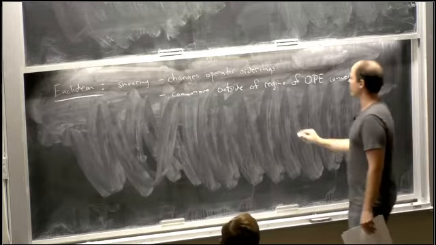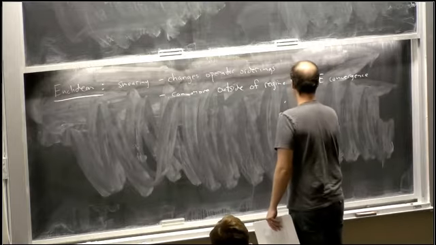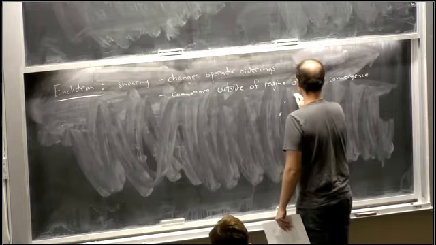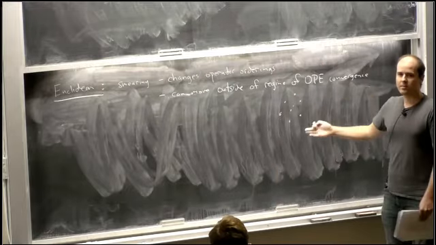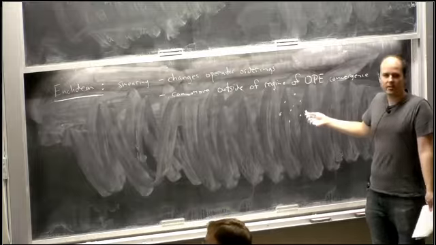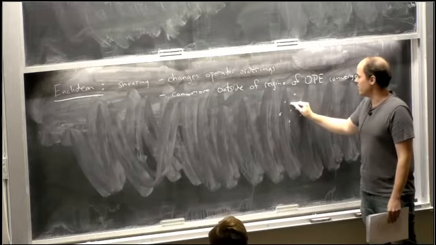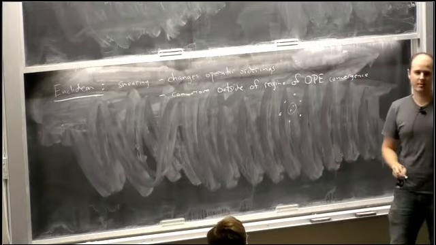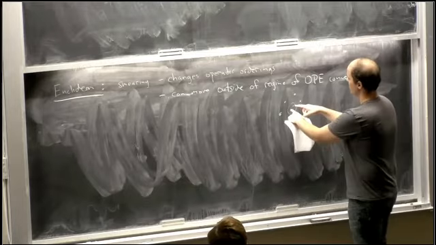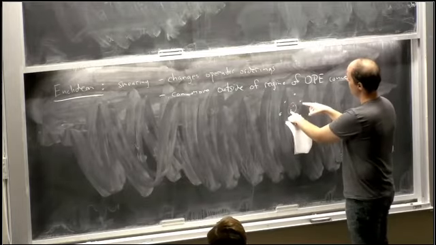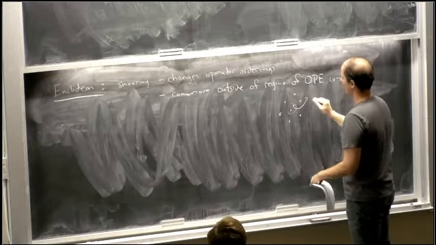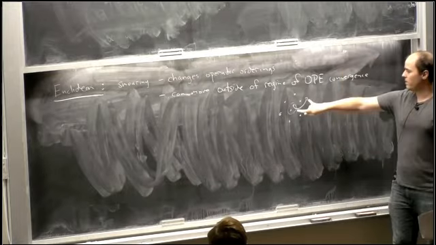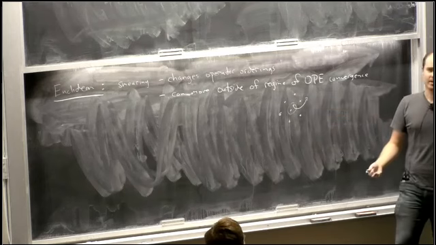So, let's say you have an endpoint function and you have two operators in the middle, and the best thing you know about the endpoint function is how to take the OPE between these two operators. But then suppose you want to start smearing them and your smearing function has some overlap with the region where this operator moves outside here. Then the OPE between these two guys becomes invalid.